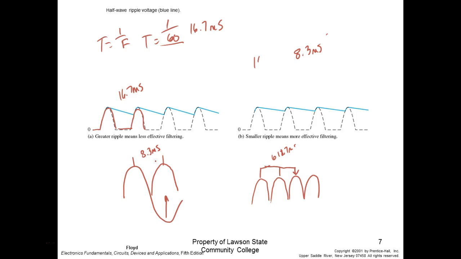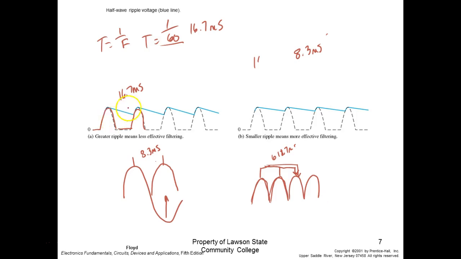If I've got full wave, my pulse frequency is going to be 120. Y'all understand that? Because even though this is one cycle of my input, my output frequency is going to be twice my input frequency for full wave. And that comes into play.